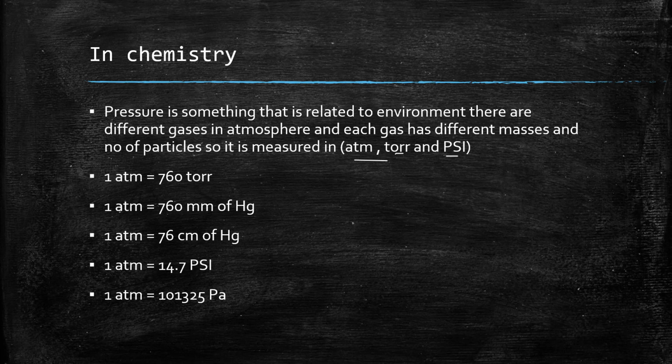Now here psi means pound per square inch. Let's take the measurements of that. 1 atm is equal to 760 torr. 1 atm is equal to 760 millimeters of Hg, and here Hg is basically mercury.